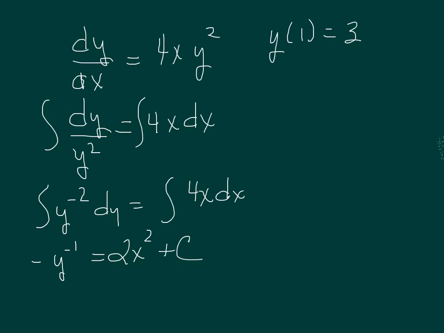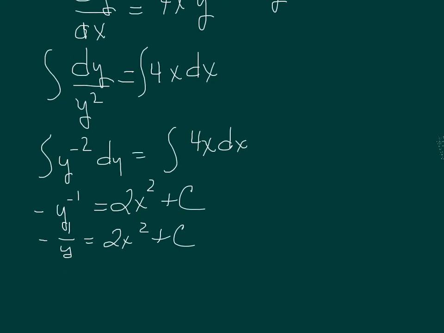And I'm going to rewrite this as -1 over y equals 2x squared plus c. And at this point, we may as well go ahead and plug in our x and y value to figure out what c is. I think we had the point 1,3. So this is -1/3 equals 2 plus c.